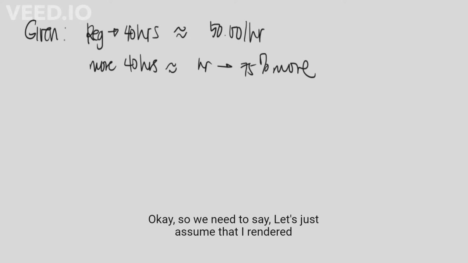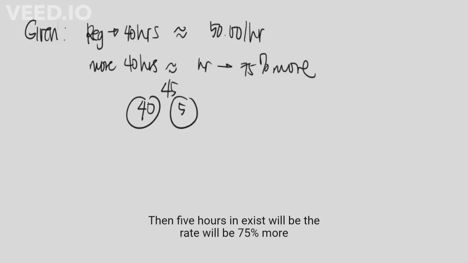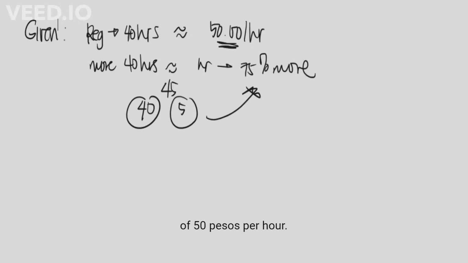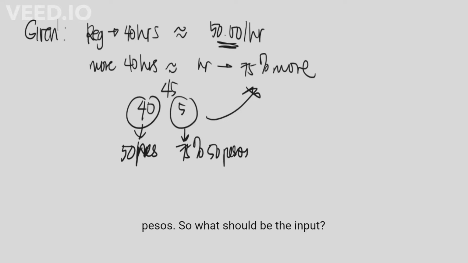Let's just assume that I rendered 45 hours. So 40 hours will be regular working hours, then for the 5 hours in excess, the rate will be 75% more of 50 pesos per hour. The regular hours will be 50 pesos, but this one will be 75% more of 50 pesos. Okay? So what should be the input?